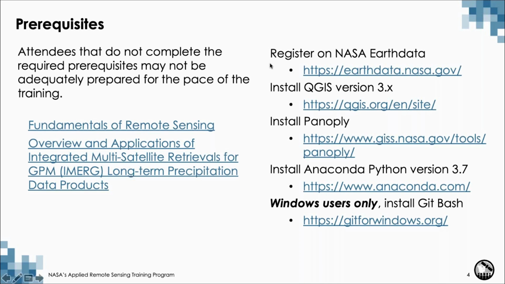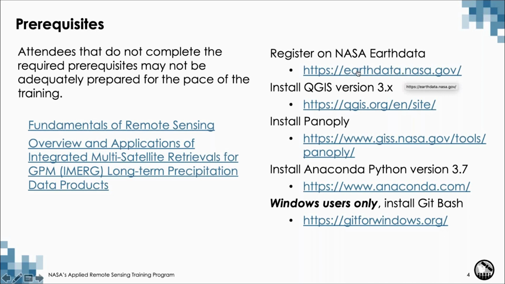In addition, to be able to access data and to analyze data, some of this software and information is required. First of all, you have to register on NASA Earthdata to be able to download data. So here's the link where you can go and register.